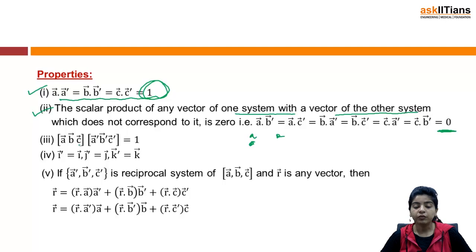Then the scalar triple product of A, B, C with the scalar triple product of the reciprocal system is 1.